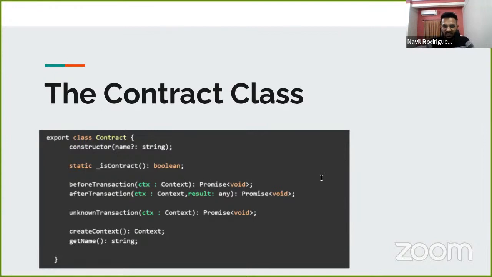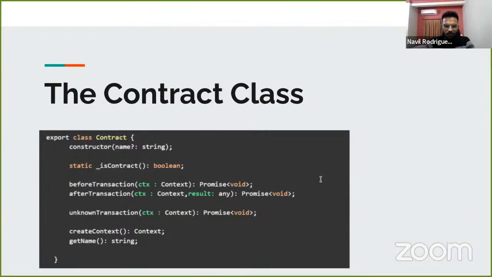This chaincode stub interface encapsulates the API to interact with the world state, private collections, and the other transaction proposals. This ctx also provides a client identity of type ClientIdentity, which provides the details about the transaction creator, like the identity of the client and the MSP ID.